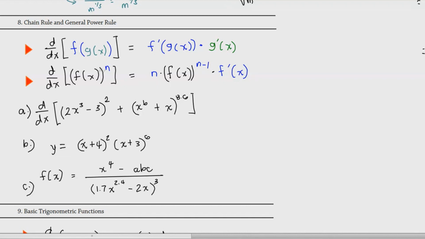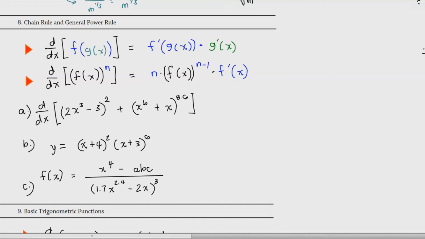If it is raised to a certain real power n, you can use the power rule. You have n multiplied with f of x raised to n minus 1. In the power rule, we stop there, just add the x, and that's all. But in this case, since it's the general power rule and it applies the chain rule, you also have to take the derivative of what is inside here, meaning the derivative of the function itself.